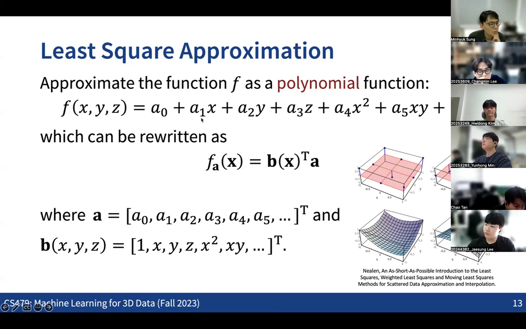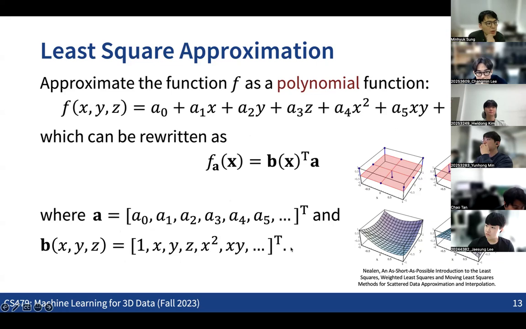And we are also going to rewrite this function this way. You can now see that the vector A represents the coefficients for each of the terms here, and B is the function which outputs the polynomial terms. If you have a point with x, y, z coordinates, B returns a vector with all the polynomial terms here, and then we have A, which is the coefficients.